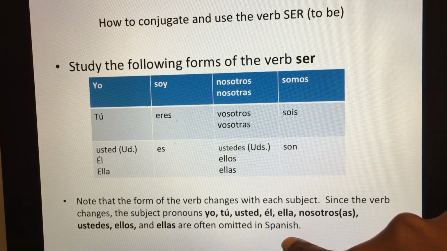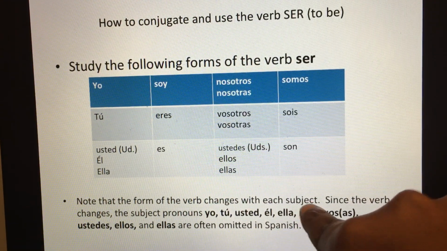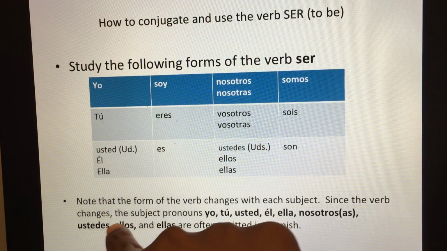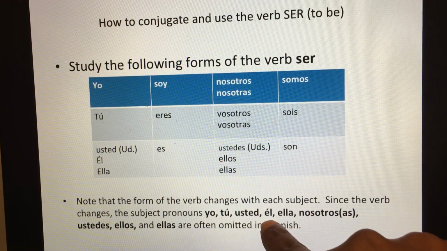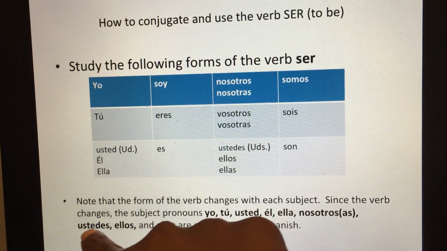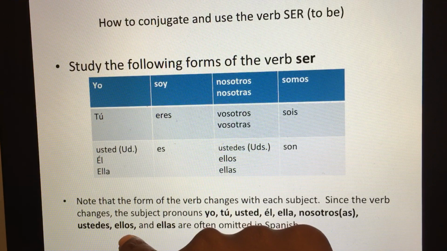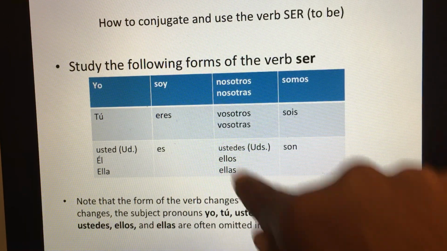Note that the form of the verb changes with each subject. Since the verb changes, the subject pronouns yo, tú, usted, él, ella, nosotros, nosotras, ustedes, ellos, and ellas are often omitted in Spanish.